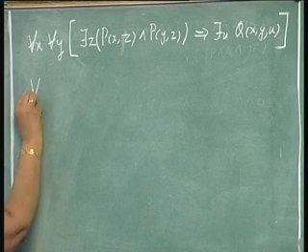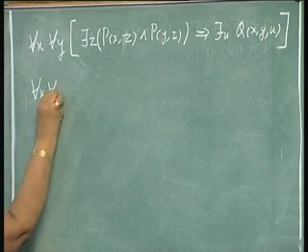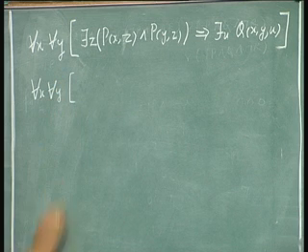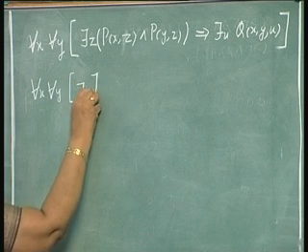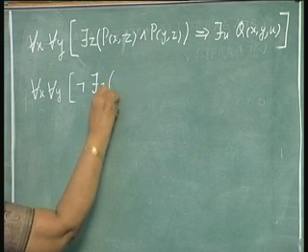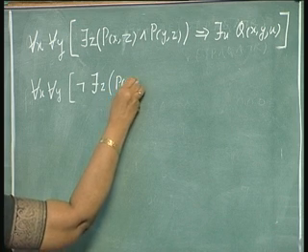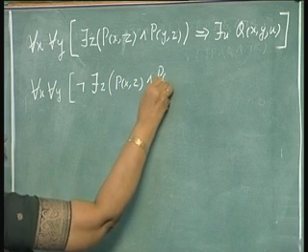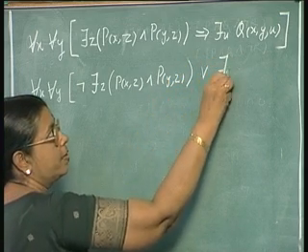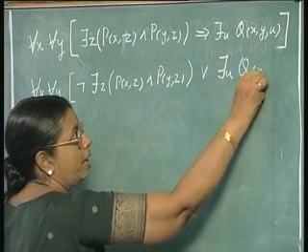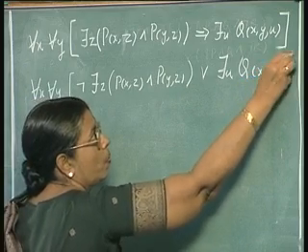So, this can be written in this form for all of y, and again the first step is to replace implication by using P implies Q is equivalent to not P or Q. So, this can be written in the form not there exists z P of x comma z and P of y comma z, or there exists u Q of x y u.